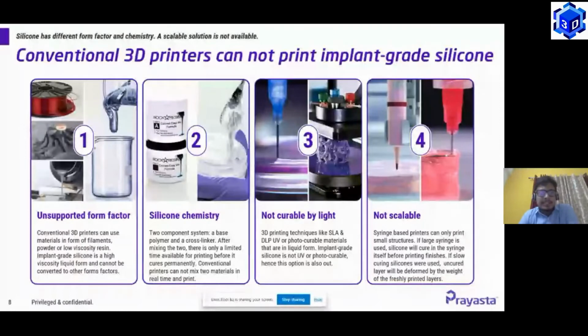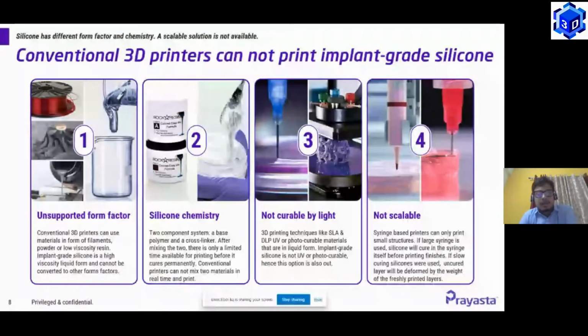Second thing is the silicon chemistry itself. Normally the phase transitions that happen from liquid to solid are either driven by temperature or by light, or by any photo method. But silicon responds to none of them.